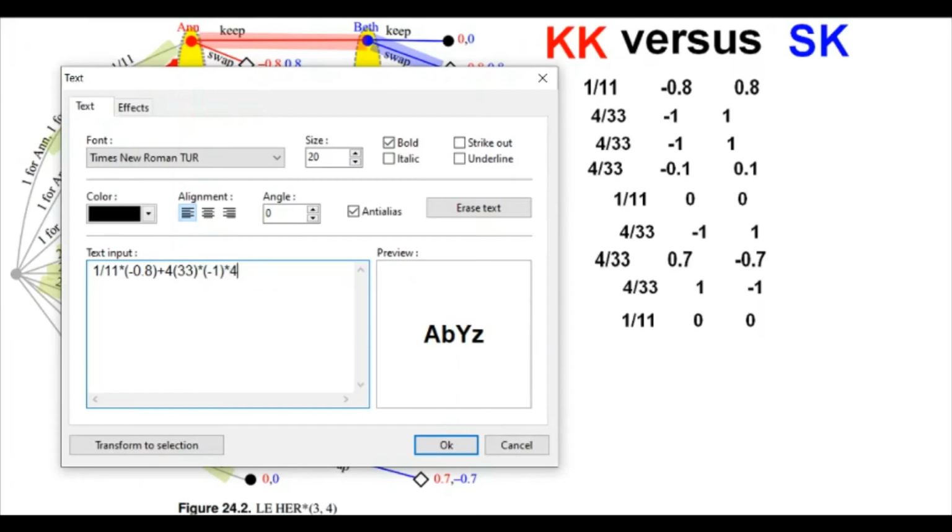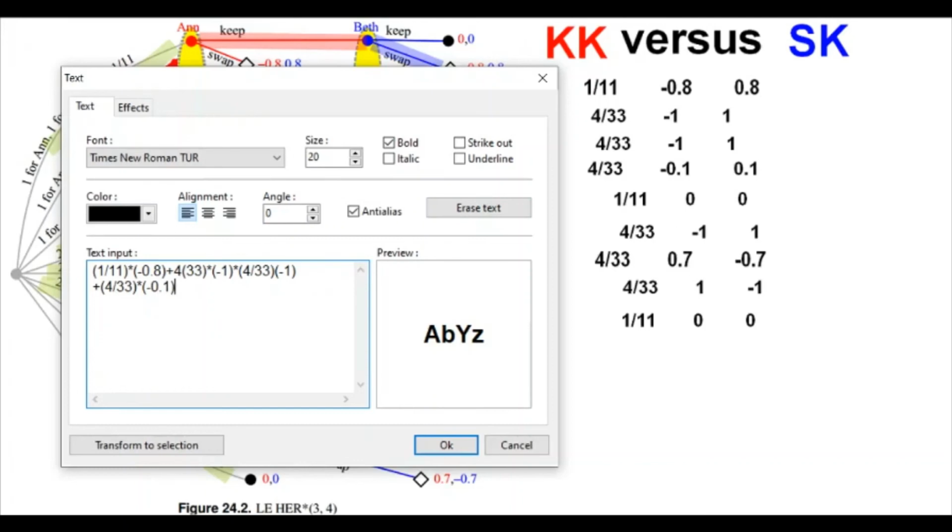And another 4 over 33, again in parentheses, 4 over 33 times negative 1 again. And then let's go into the next line. We have another 4 over 33, and we multiply by negative 0.1.